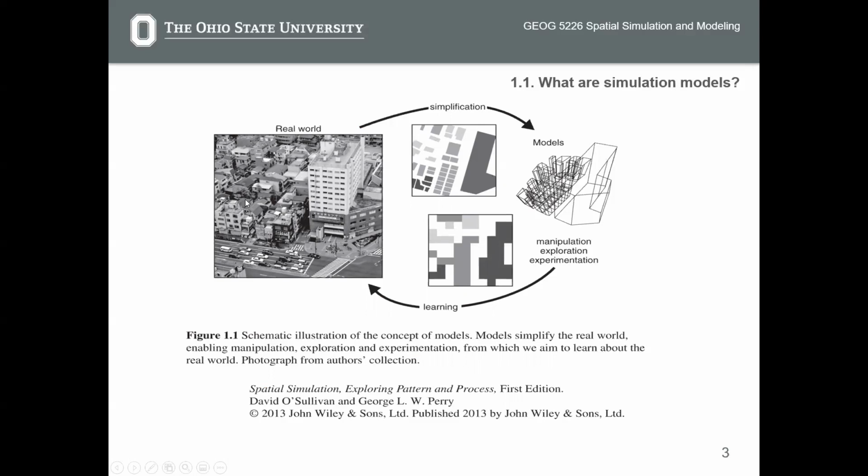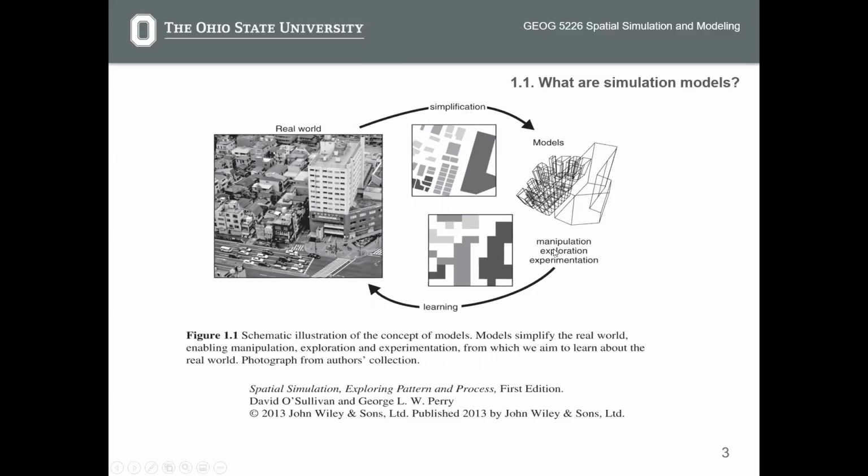So if we're interested in this block, we can make an abstraction of this block, or a model, right? So in this model on the right side, we have different 3D models, or you can say 3D boxes, each box representing a specific building in this block. Obviously, on the right side, this model is a simplification of the real world.